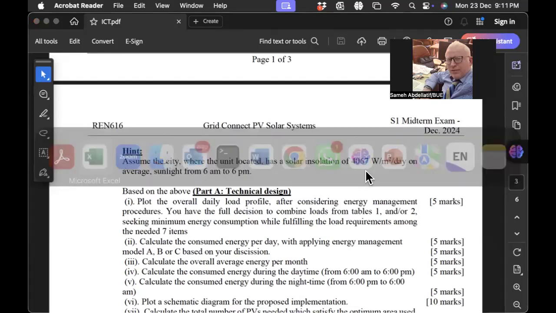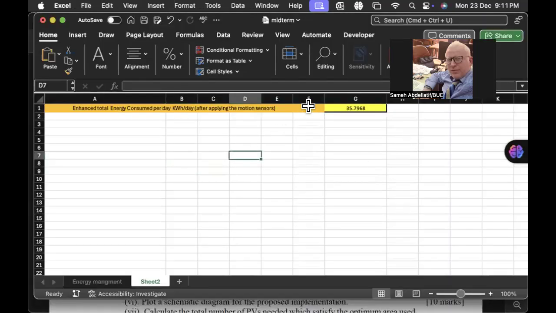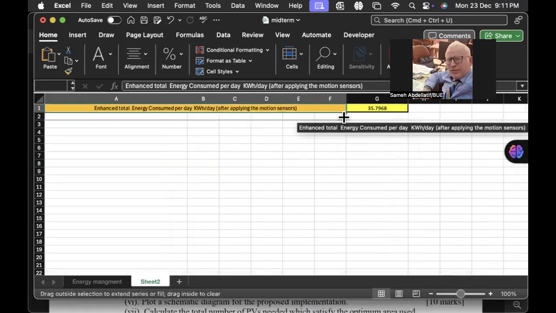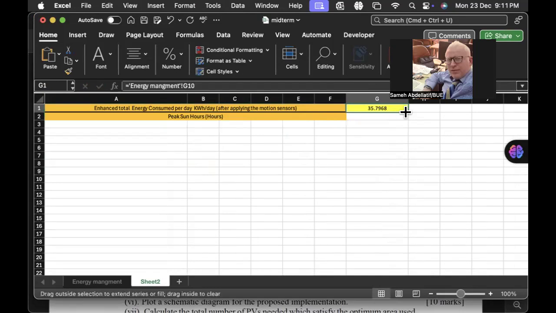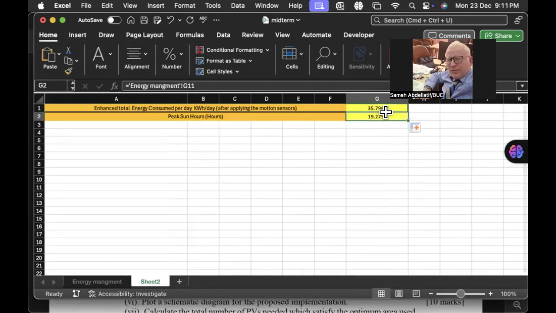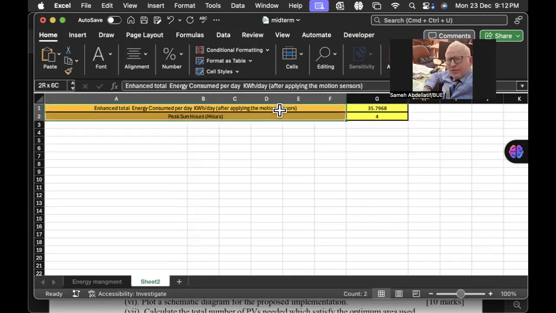So here, our peak sun hours, of course the unit here is hour, will be 4 peak sun hours.